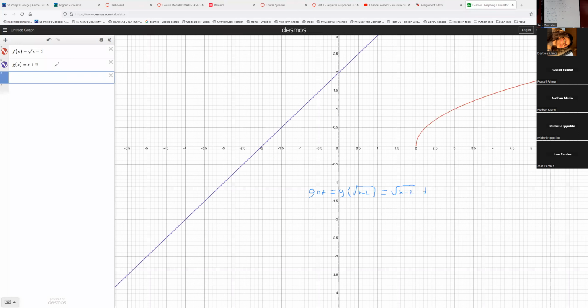Let's make this a 3. Well, that's fine. So this is g of f. The one that went inside was the f function. So the one that went inside had a restriction that it must be right in this domain right here. This has a domain of 2 to infinity, right?